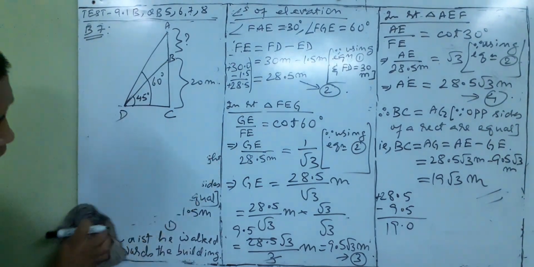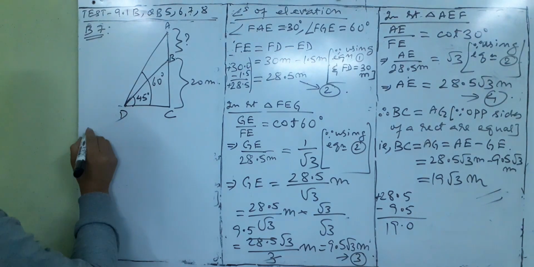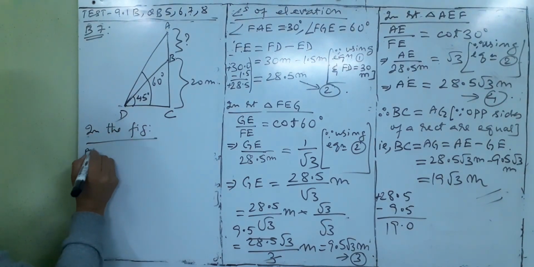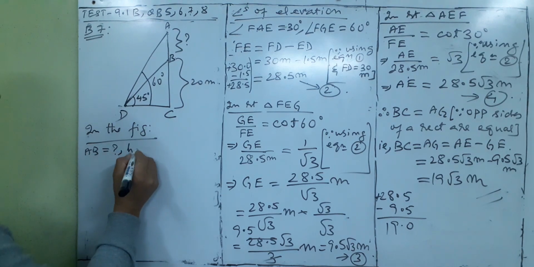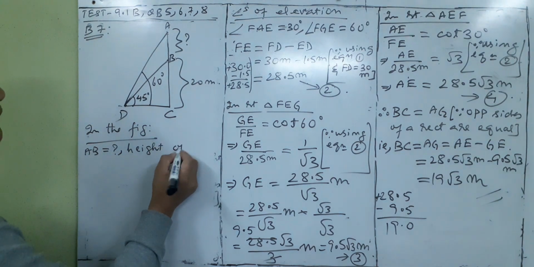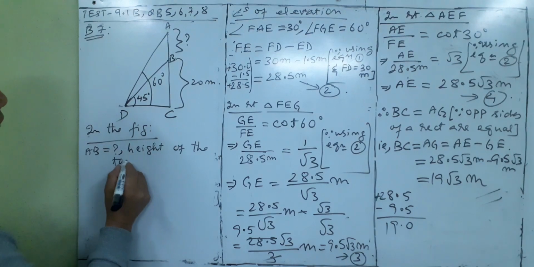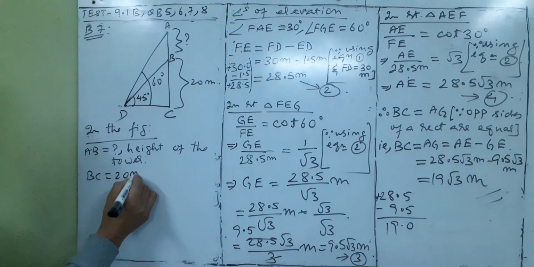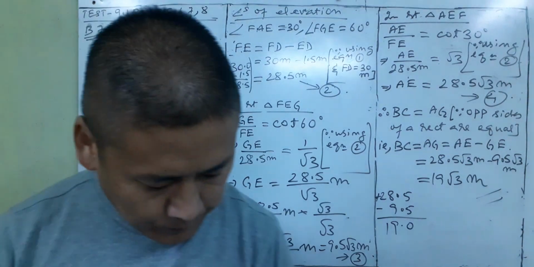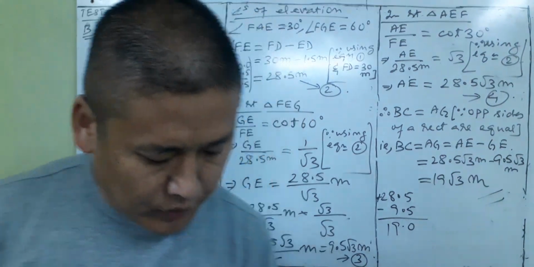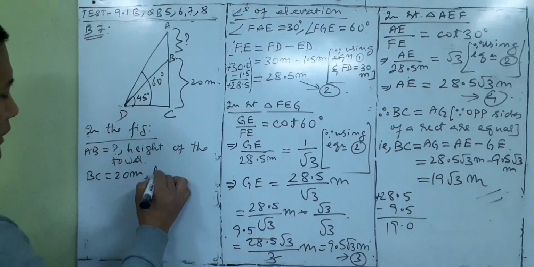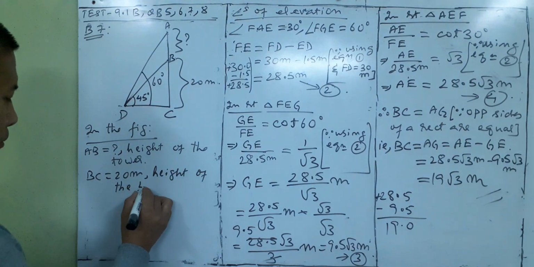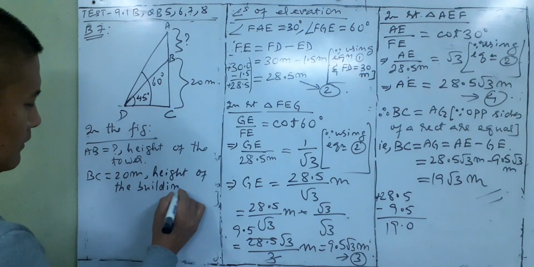So we will start it here. In the figure, we have here AB is question mark, the height of the tower that we need to find. Then BC is equal to 20 meter. Yes, it's a 20-meter high building. So 20 meter is the height of the building. So you write here, the height of the building.